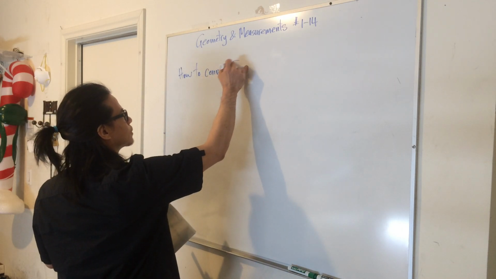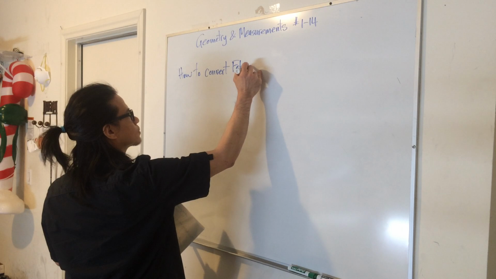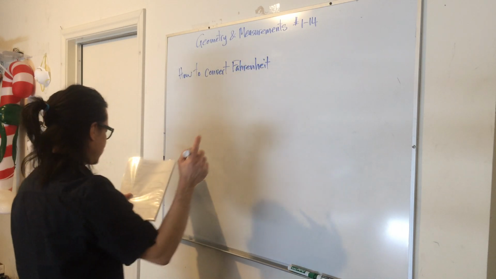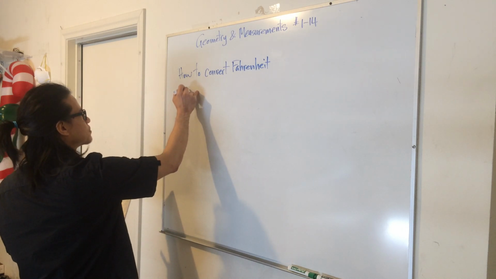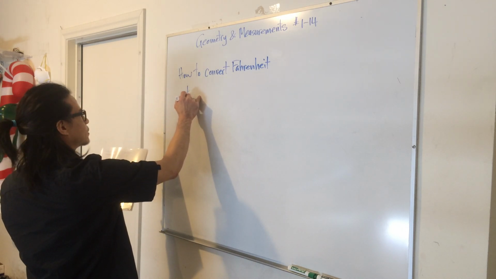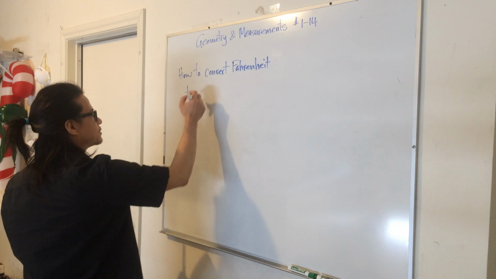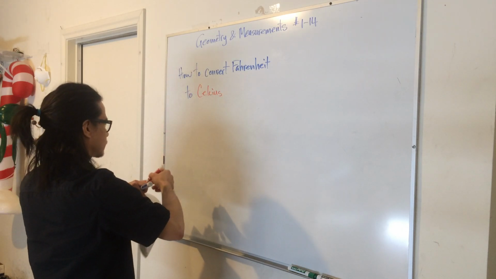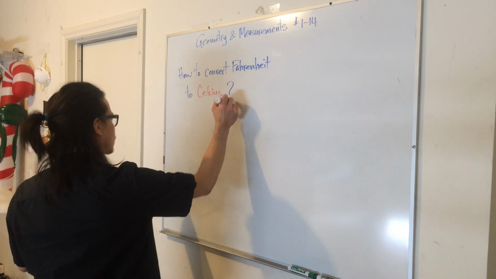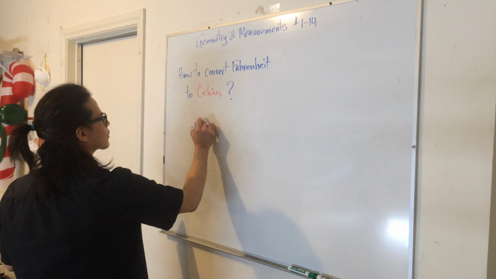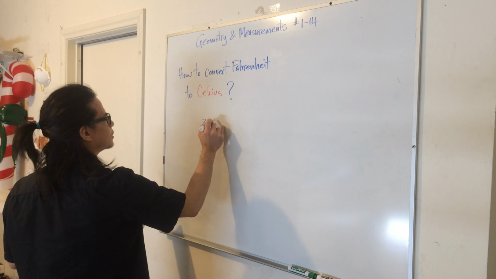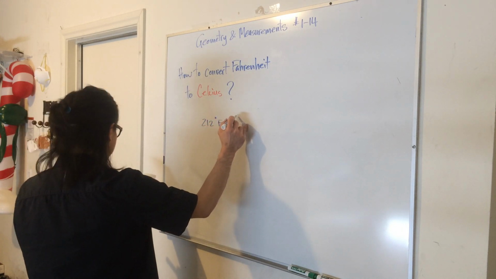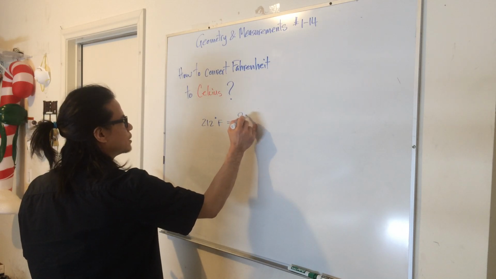Fahrenheit. It took me a while to spell Fahrenheit correctly, so don't be surprised if you misspell that or Celsius. Okay, so let's pick a random number. 212 degrees Fahrenheit would be equal to how many degrees Celsius?